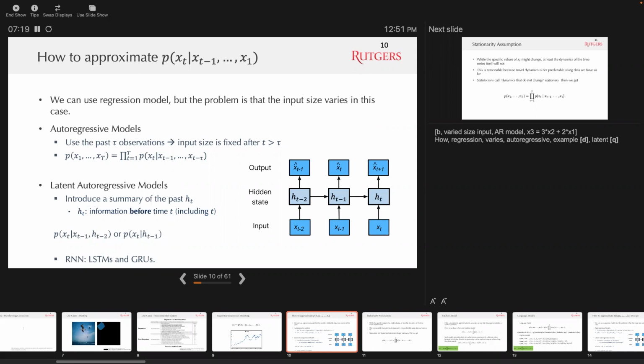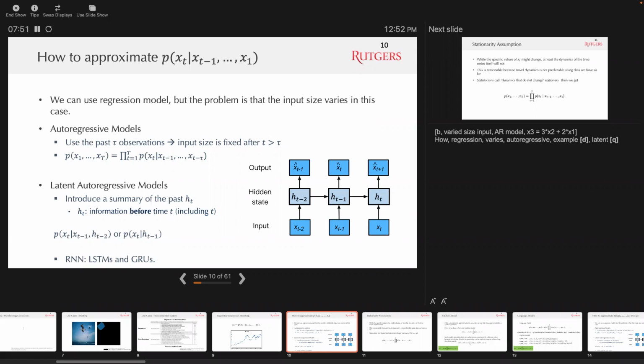Of course, you can say that x3 equals a2 times x2 plus a1 times x1 plus a0, right? So this is a very simple regression model. You can predict x3, but how about x4? If you want to predict x4, you're going to have one more parameter. You're going to have x3, x2, x1, and another bias.